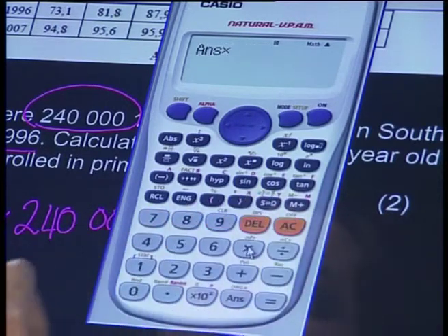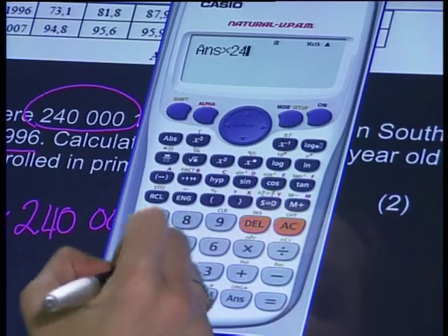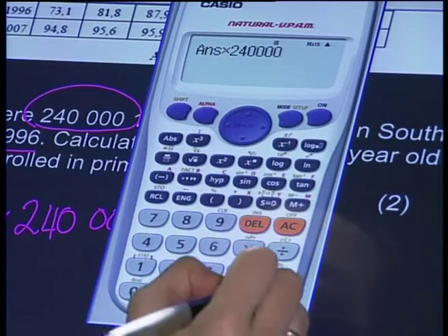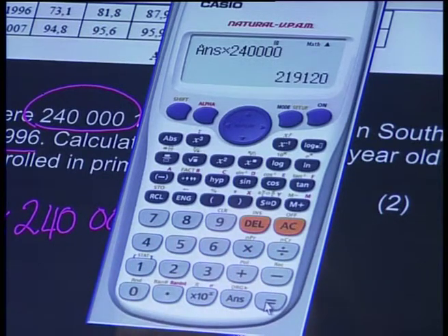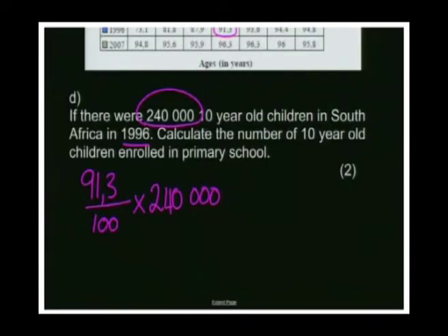And we are going to multiply this by 240,000 to see how many kids were enrolled who are 10 years old into school. And our answer is 219,120. 219,120 10-year-olds in 1996 went to school.